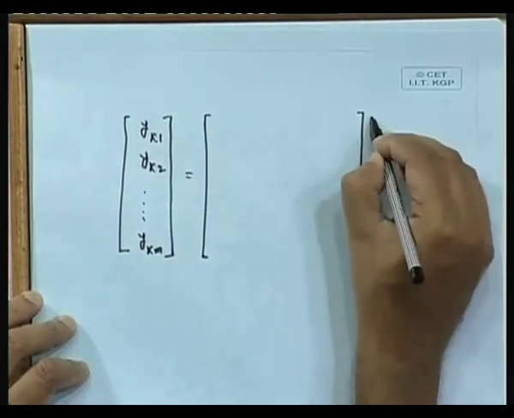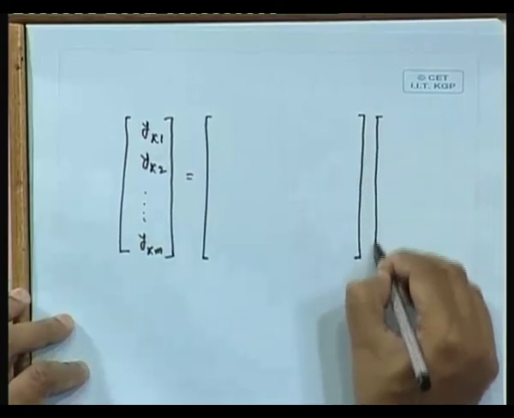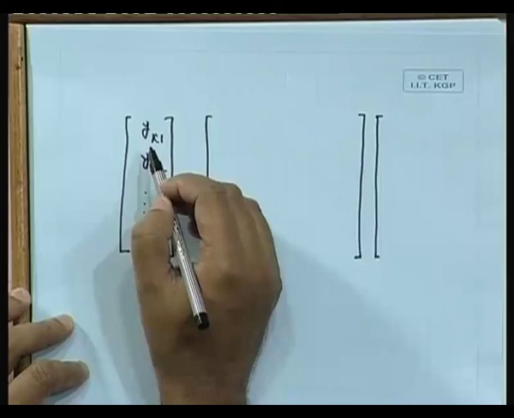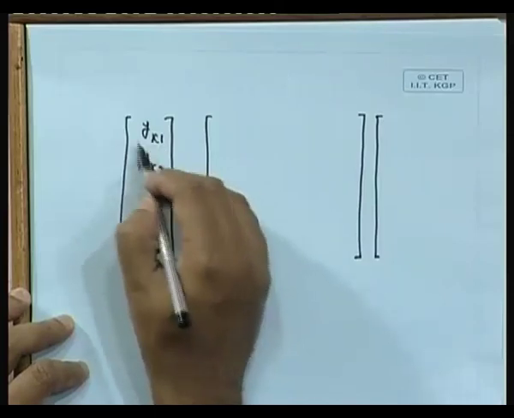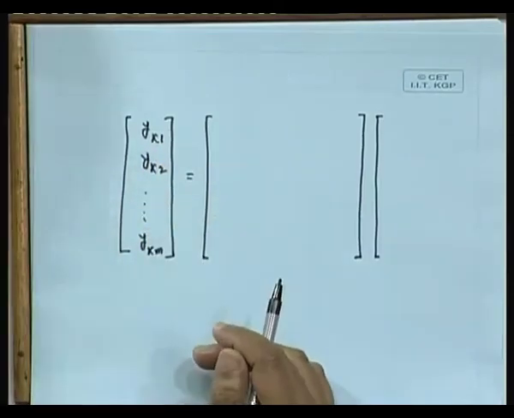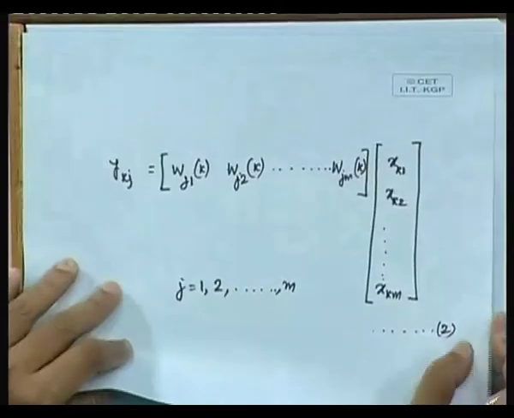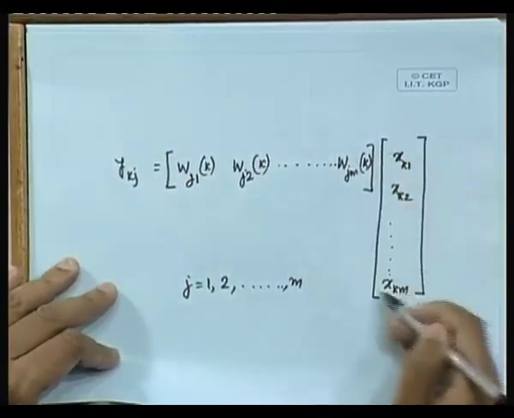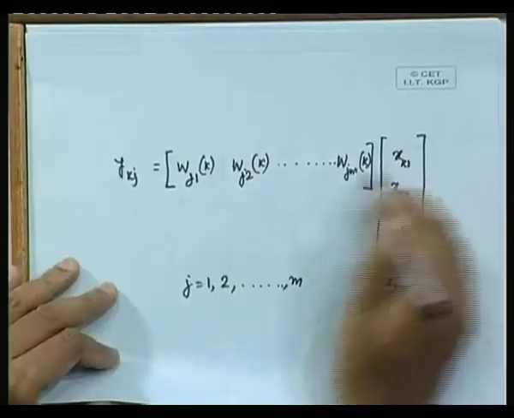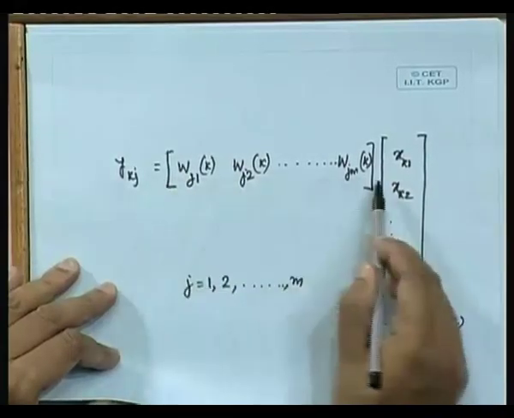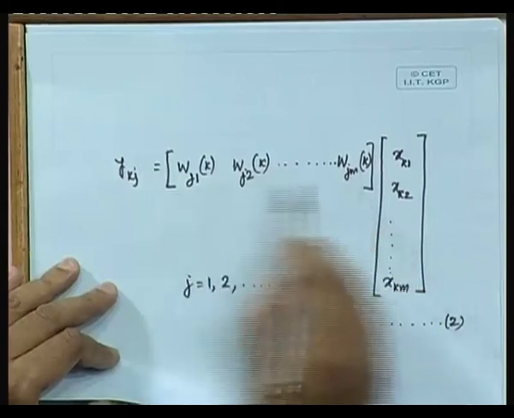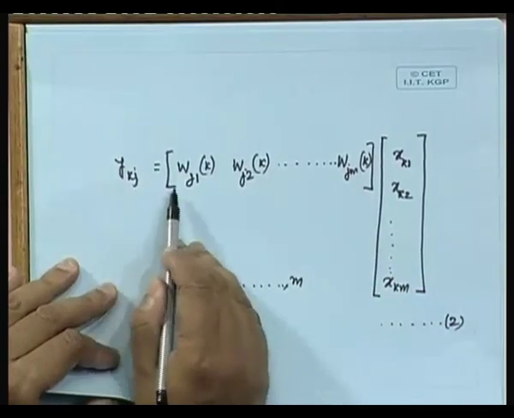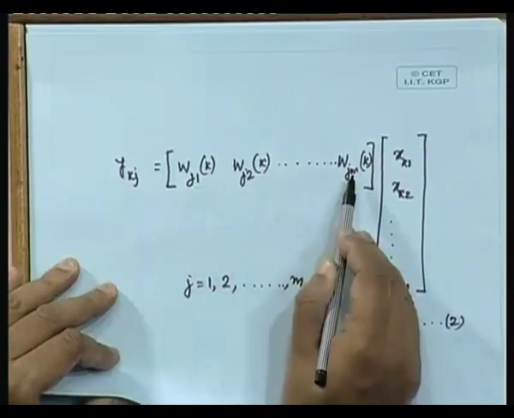We have to see what that is, but essentially all these individual outputs will be a function of all these xk1s, isn't it? In every equation this part will be common, am I right? The individual weight vectors will be different, because for j equal to 1 it will be w11, w12 up to w1m.